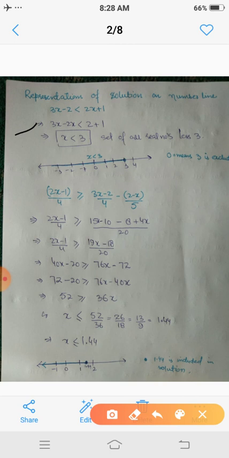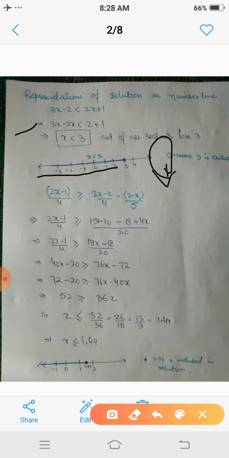On the number line, the set of all real numbers less than 3 is marked with this color. Now we have to exclude this 3, so we draw a circle at 3 and join it with this line. This hollow circle simply means that 3 is not included in this solution set.